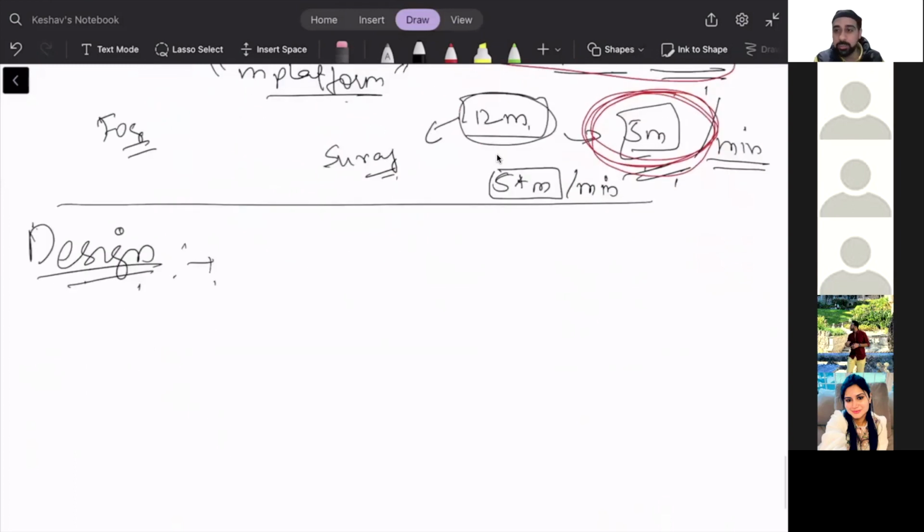Design. So what do you expect in the design? What we should do is first understand the solutioning part of it. Is it an HLD problem or is it an LLD problem? First, let's try to figure out collectively whether you want to go for an HLD problem or an LLD problem.